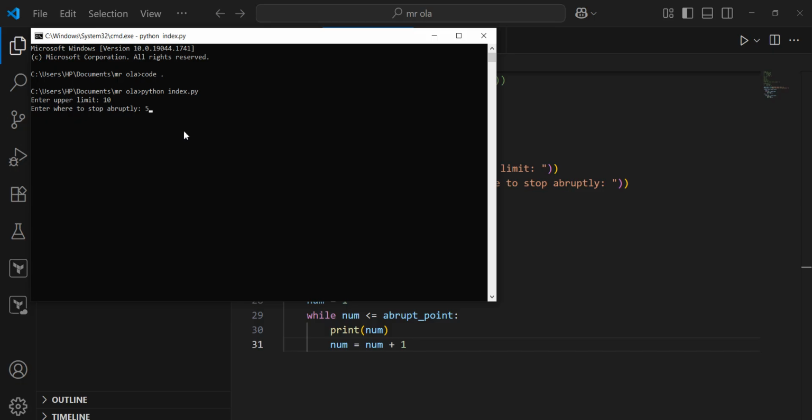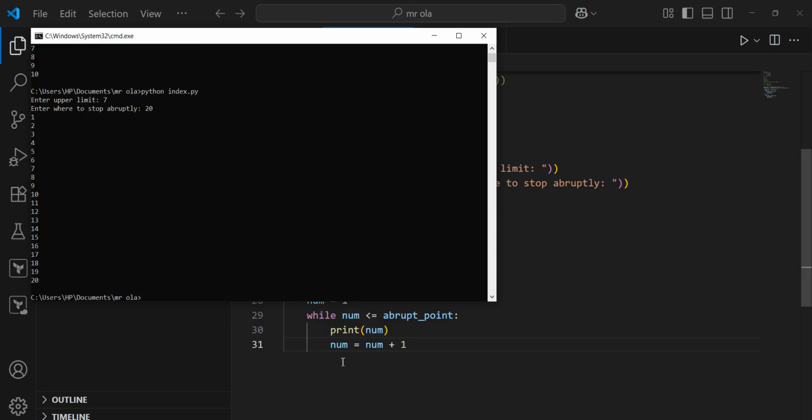In this case, it goes from 1 to 10 if the upper limit is higher, displaying the numbers from 1 to the upper limit. If it is not, then 1 to the second number. Can you put the second number higher? Let's say this is 7 and this is 20. So then it displays 1 to 20.